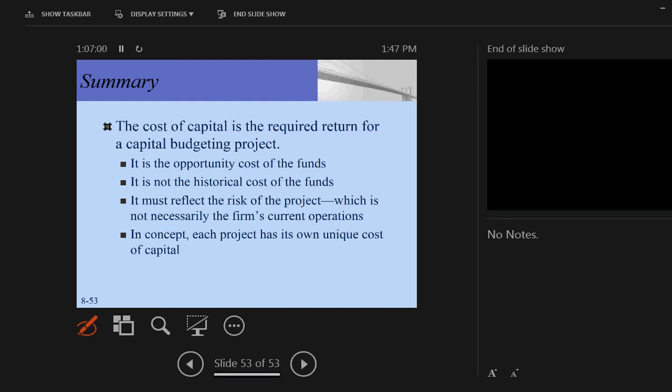It's going to reflect the risk of the project, which is not necessarily the firm's current operations. It could be something that the firm has in mind to do in the future. And what is really important is that each project is going to have its own unique cost of capital, and you would have to calculate it properly.